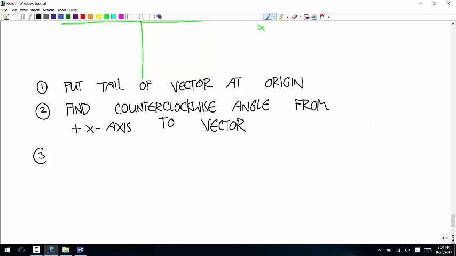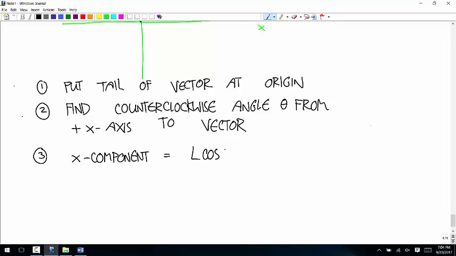And then the third thing is the x component is the length of the vector, the magnitude of the vector, times the cosine of this angle. Let's call that counterclockwise angle from step 2 theta.